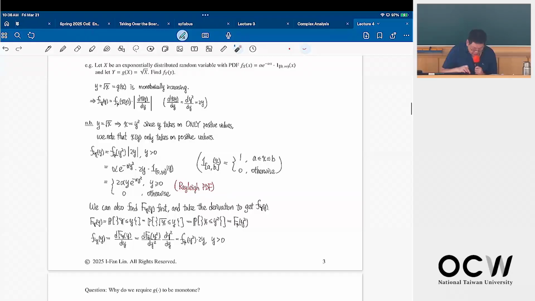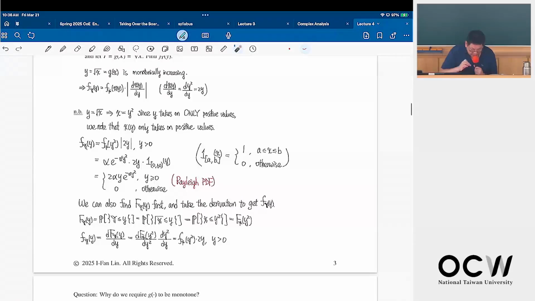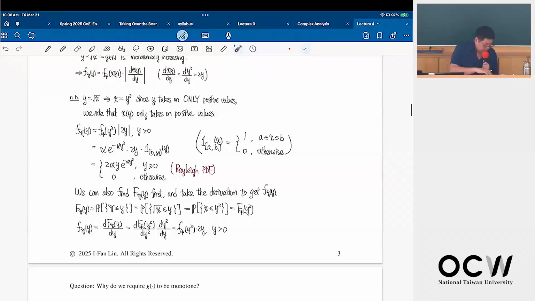Now you may ask, why do we need this function to be monotone? Because the monotone function is 1-to-1. So that 1 x can correspond to 1 y. That means x equals g inverse of y is unique.